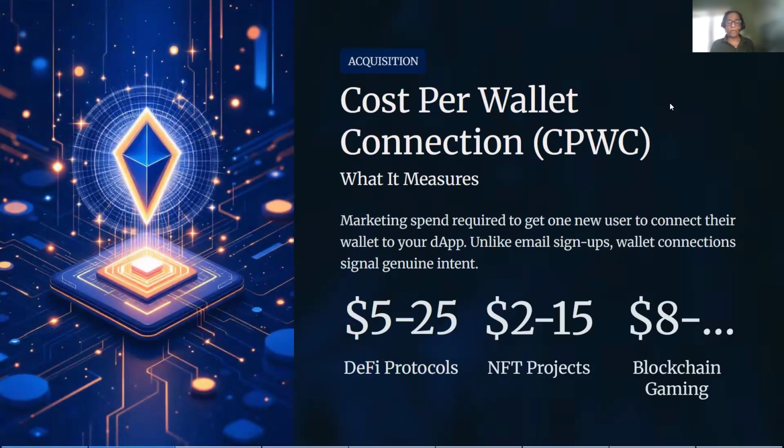So one of the main metrics is the cost per wallet connection. Acquiring a customer coming into your decentralized application is one thing, and connecting to the wallet is the main metric companies have started following.